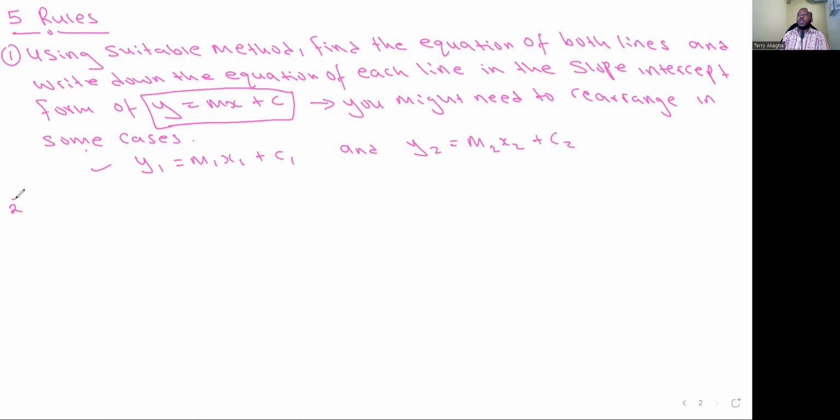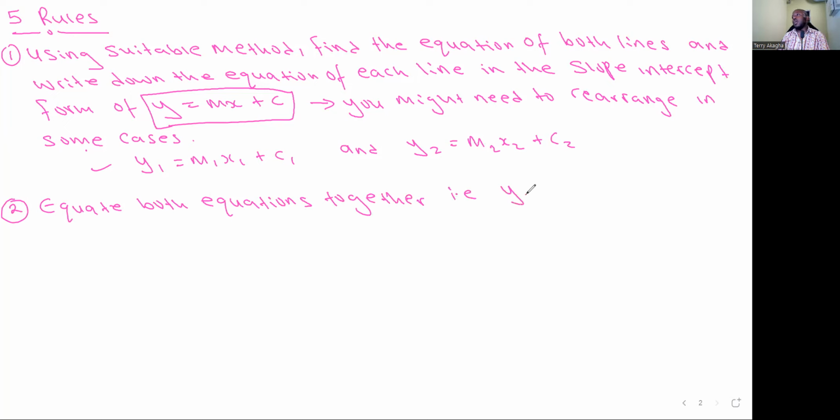Then number 2, when you're done with it, you have to equate both equations together. So that means we have y1 equal to y2.